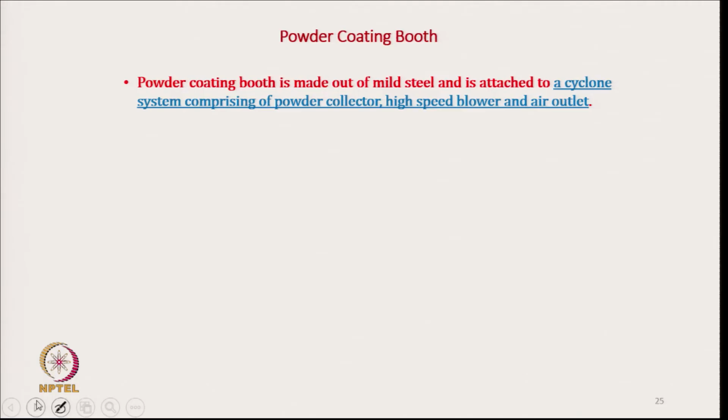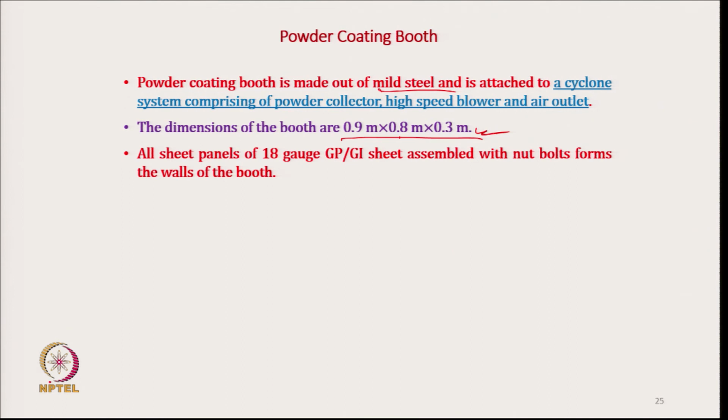The powder coating booth is made of mild steel. The dimension is given here: 0.9 meter by 0.8 meter by 0.3 meter, which has been used, and we can readjust the dimension.